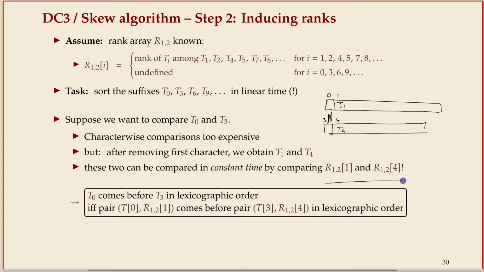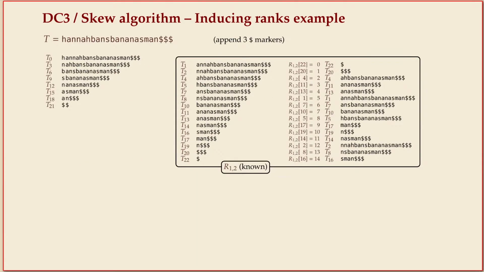So you can rewrite this: instead of comparing the whole suffixes, you take the first character and then the rank of the remaining suffix. So you formulate these pairs of one character and one number, and those can be ordered in constant time. OK, that's the first trick. And to turn that into a sorting algorithm, all you really need is the counting sort algorithm from back then in Unit 3.